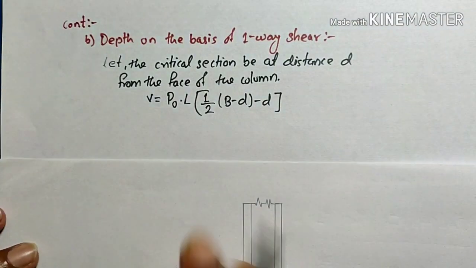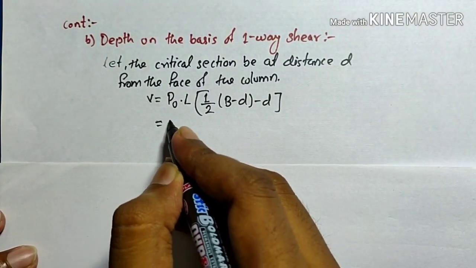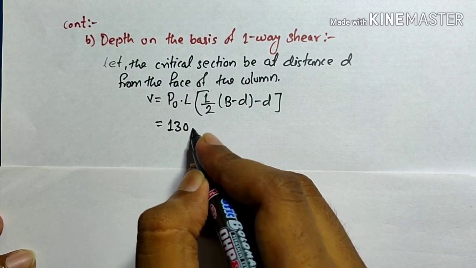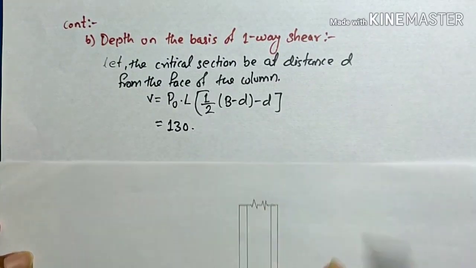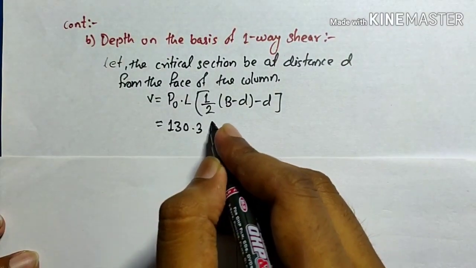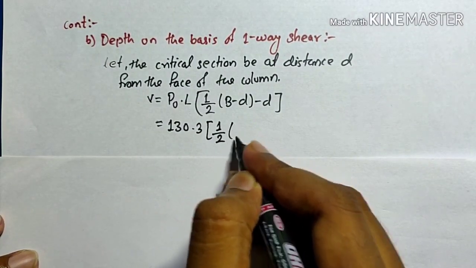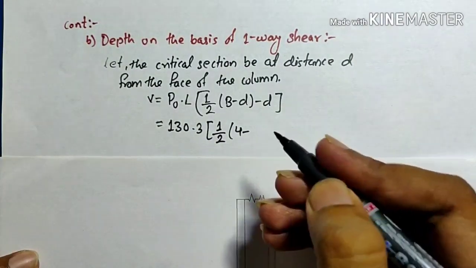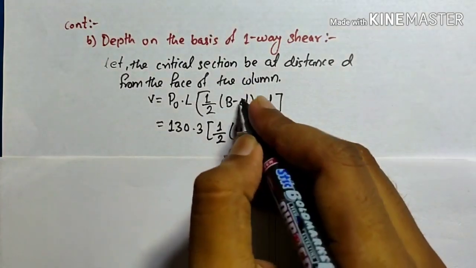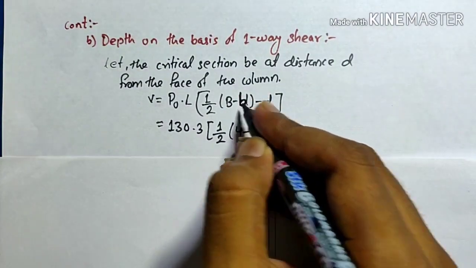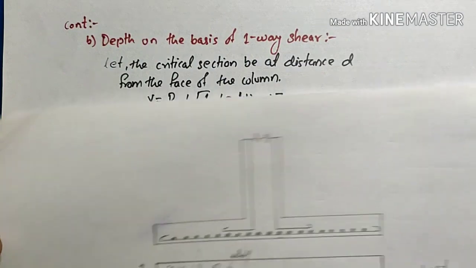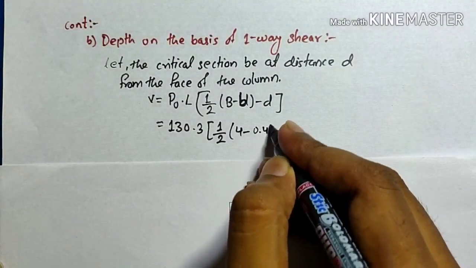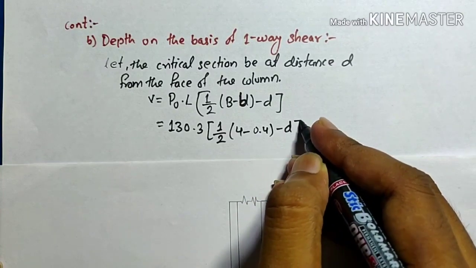So now put the values. We have the value of P naught, which is equal to 130 kilonewton per meter square into L, and the span L is 3 meter, times 1/2 times B, which is 4, minus small b, and this value of small b here is 400 millimeter, so 0.4, minus d.